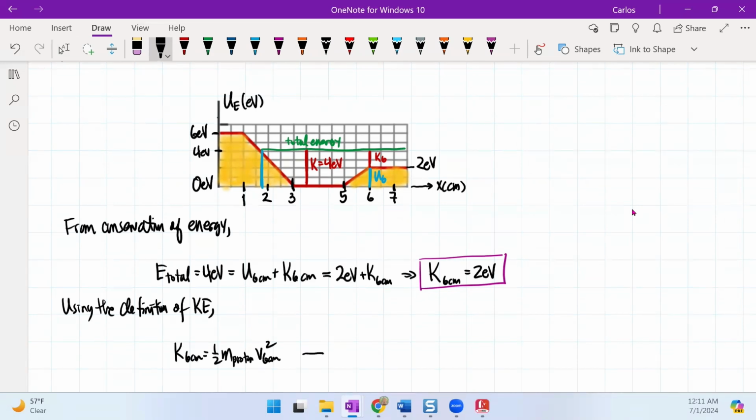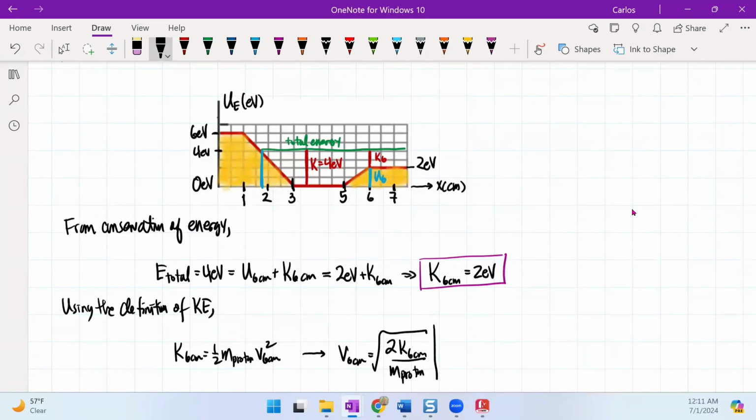So now if I solve for the velocity, by manipulating, this will be 2 times the kinetic energy at 6 centimeters divided by the mass of the proton. And of course, there's the square root.